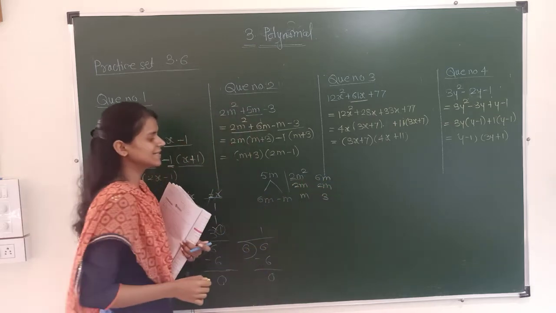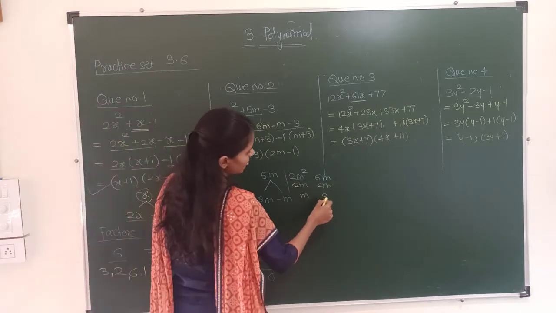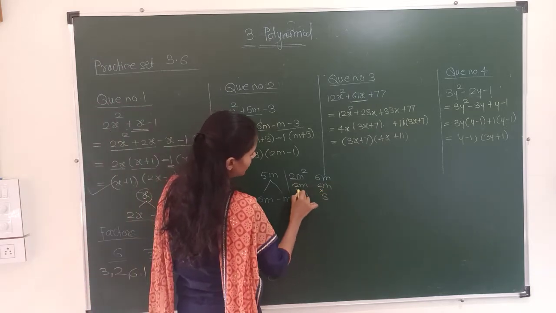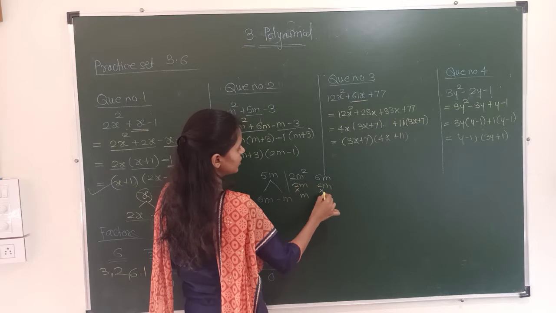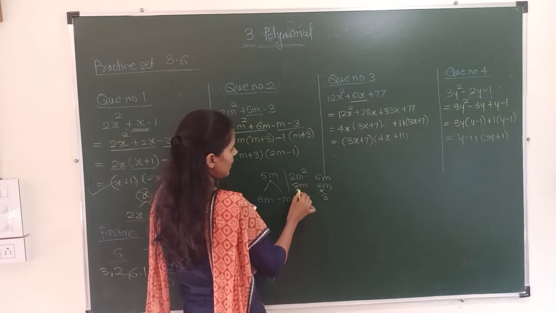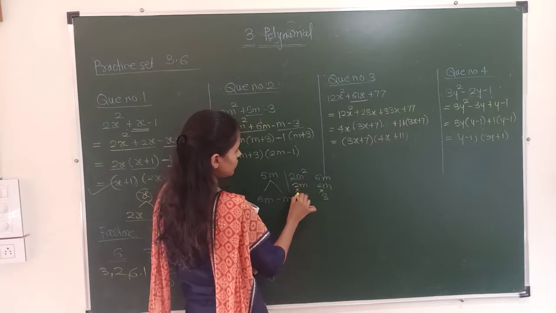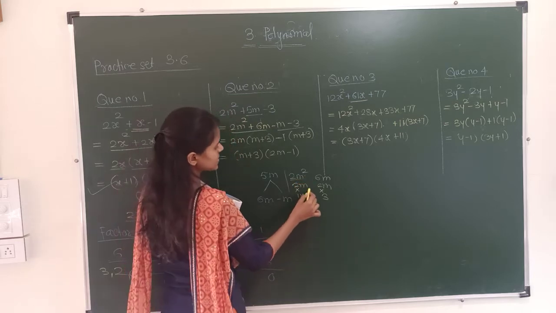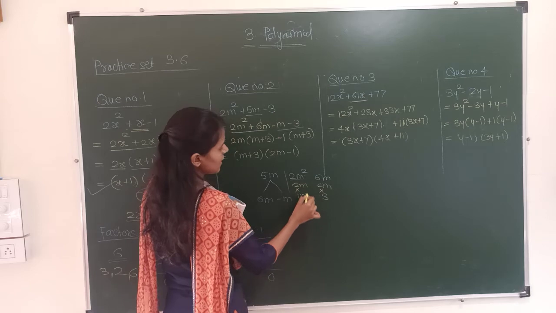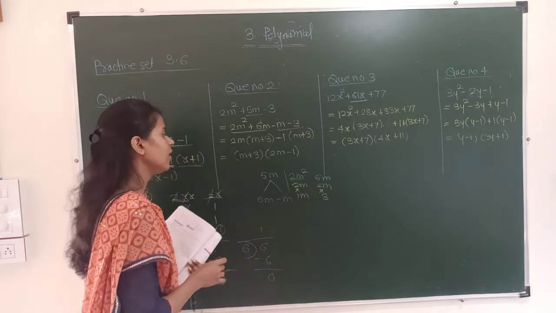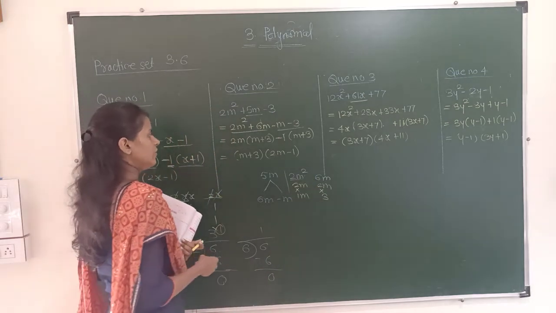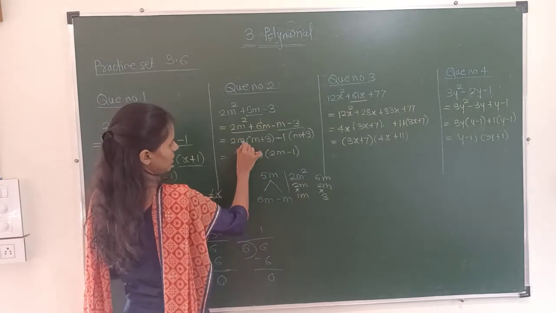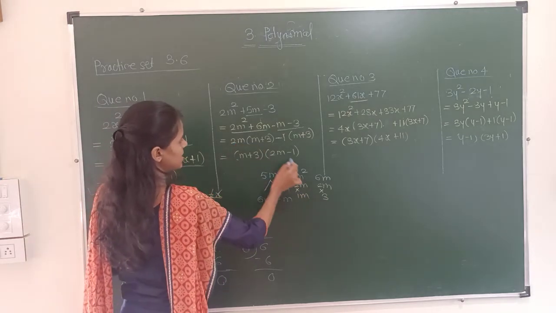Okay, 3 twos are 6. If we had multiplication, it would give this term: 3 into 2 is 6, 6m. 2m into m is 2m square. So what can we write? 2m in common and the remaining term is m plus 3.